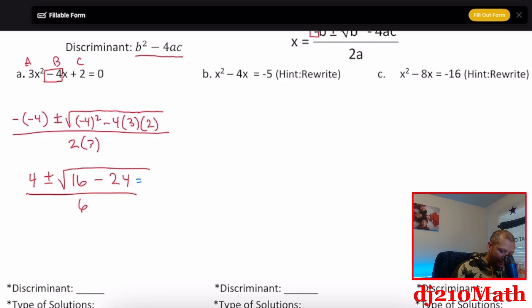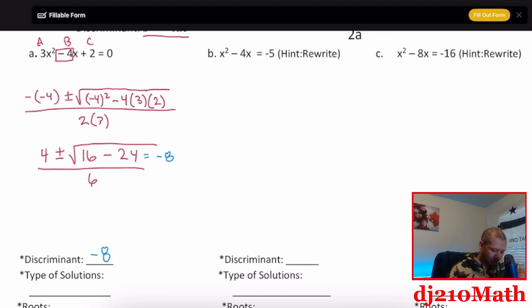This is going to be -8. So the discriminant is -8. Okay, so look, we have 4 plus or minus square root of -8 all over 6. So this is what we have to simplify.